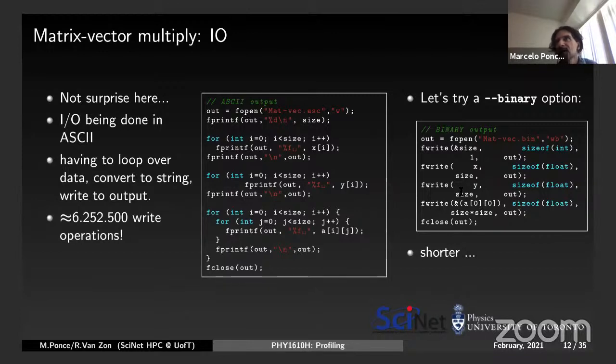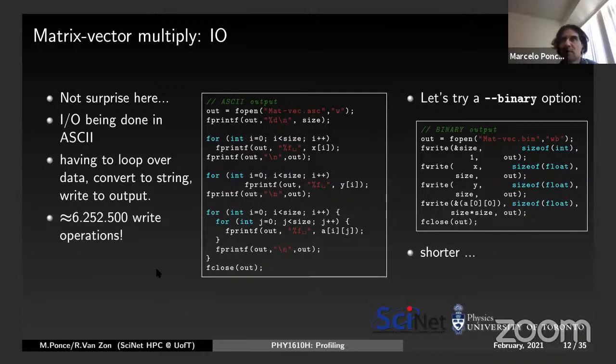And in this case, there is something quite obvious, right? When you're going to save this in text, you need to loop over all the elements. We talked about this when we saved in text. There is this conversion going on between the number representation that the machine uses and the characters, the strings that are going to be representing those values. So there are a lot of extra operations that are being done when one saves things in ASCII.